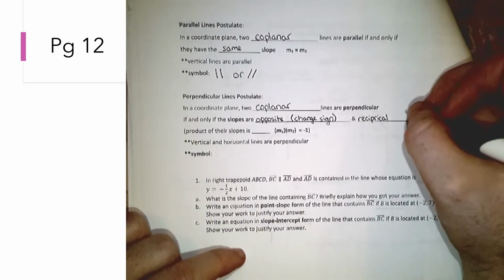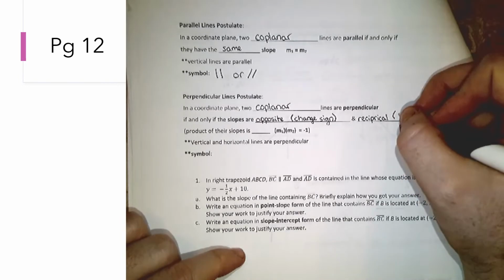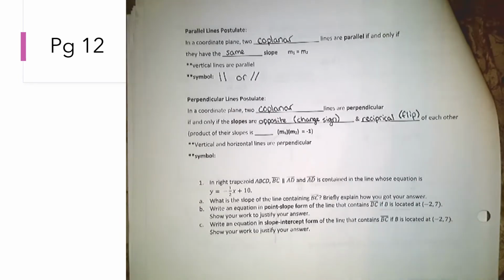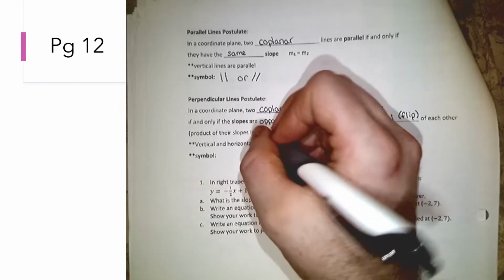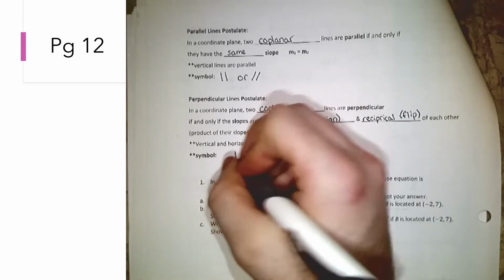And reciprocal says we flip the fraction. So if it was 1 over 2, now it'd have to be negative 2 over 1. So the product of this slope would mean that it is negative 1. Now the symbol for this is like the upside down T.